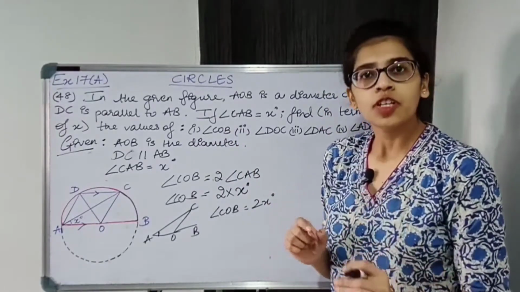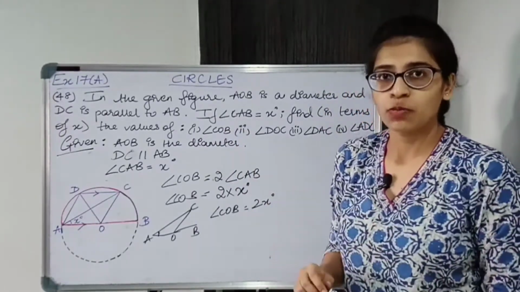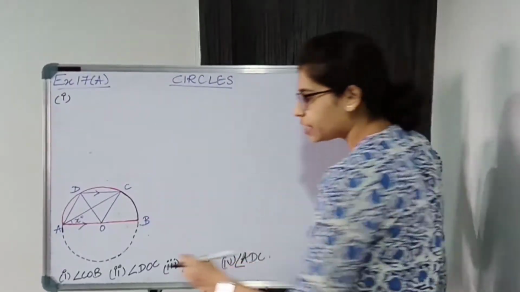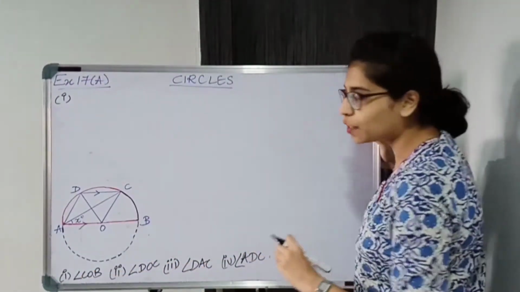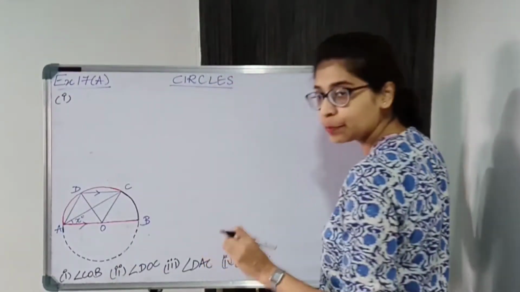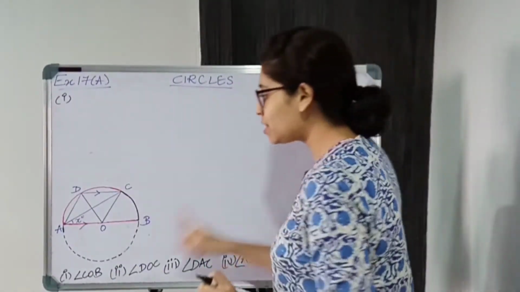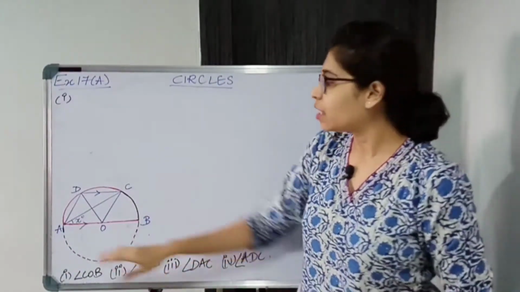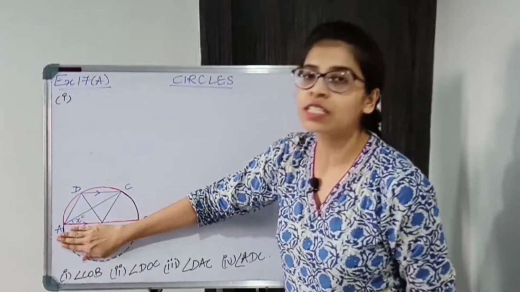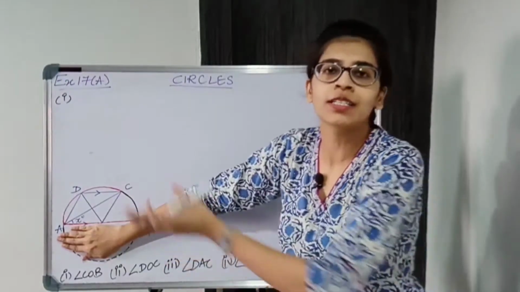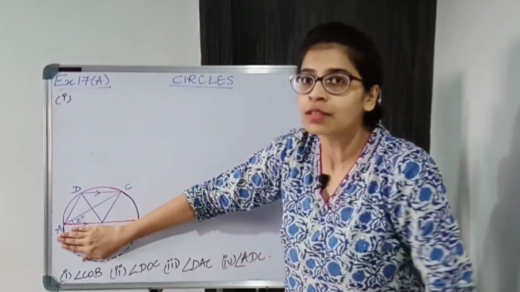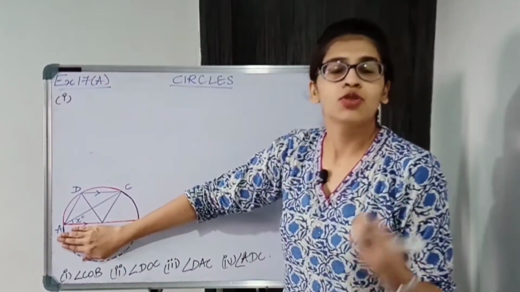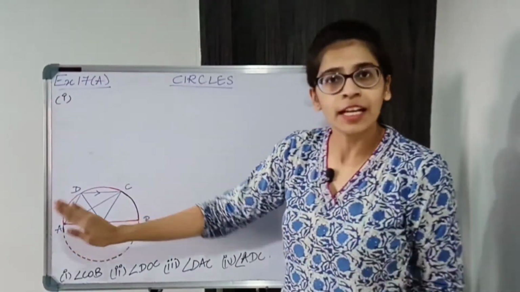Okay, so first let us find angle COB. We'll give proper reasons for each and every step. So I have written down the four angles that we have to find. First part is COB. Now students, again I'll repeat, I've drawn this so that you can understand some things. It might happen that seeing the semicircle you might not understand which angle is at the center and which angle is at the circumference. If you are clear with the concepts, it's well and good.